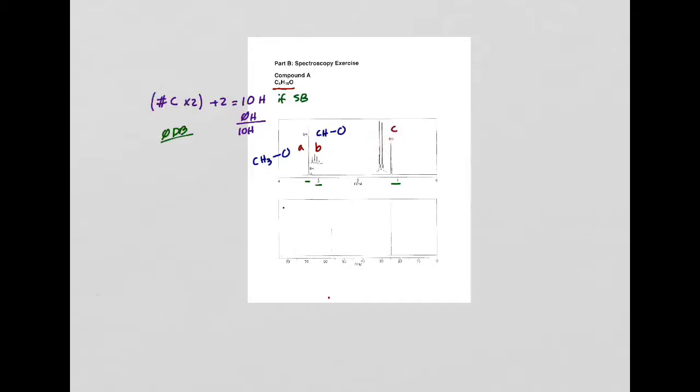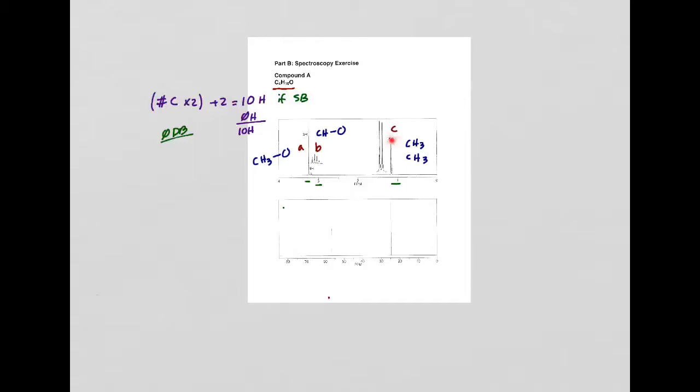If you have 6 hydrogen, what's the most likely case? That means you probably have 2 CH3s that are equivalent to each other, because I have a peak that has 6 hydrogen associated with it.